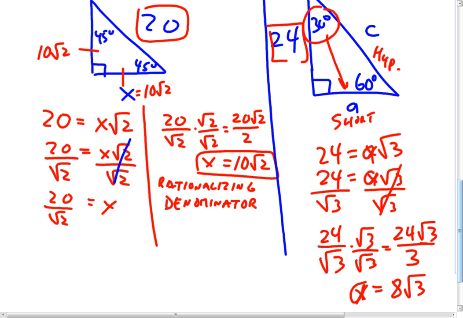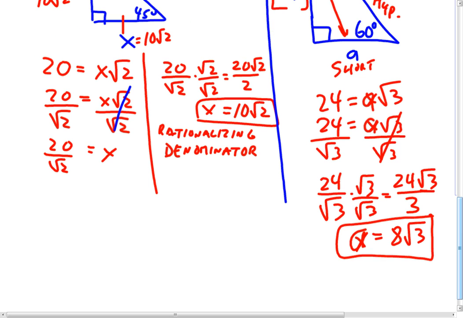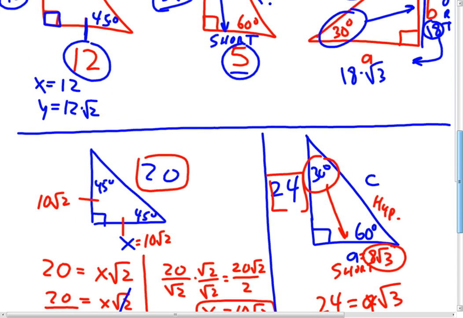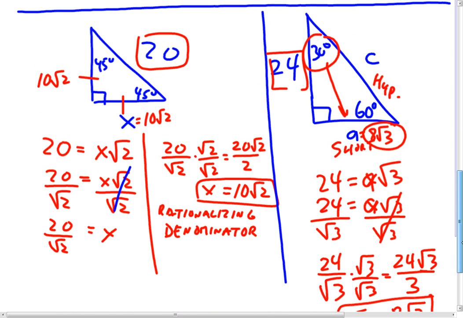Just realize that when you do this, you are finding the short side. That's 8 radical 3. And it makes sense. The radical didn't appear where I thought it should, so there must be a radical in the other 2 parts.